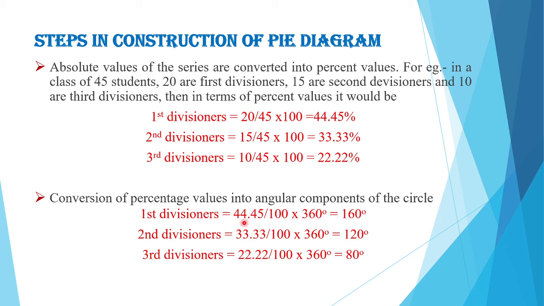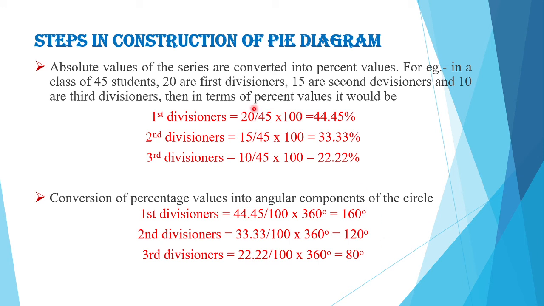So the formula is, first we got 44.45% divided by 100 multiplied by 360 degrees and that gave us 160 degrees for first divisioners, likewise 120 degrees for second divisioners and 80 degrees for third divisioners.